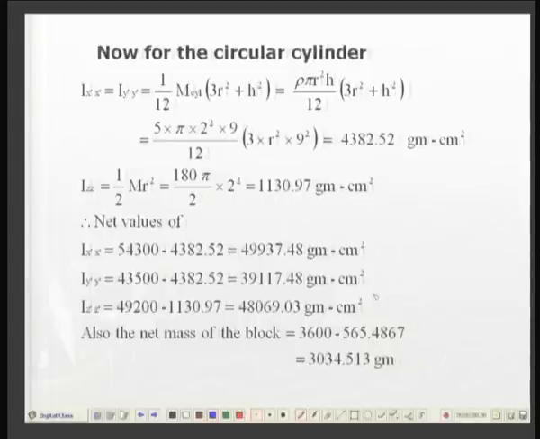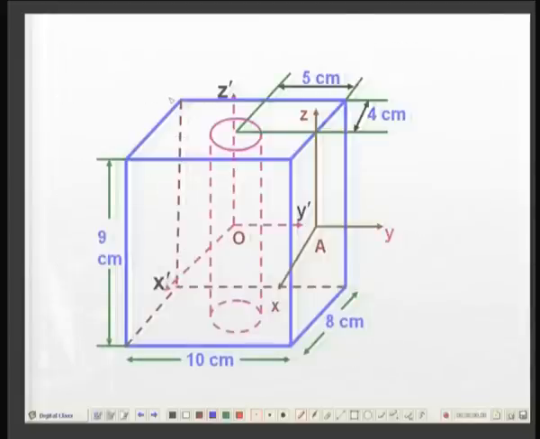So, for the circular cylinder, again from the handbook or from the tables, we will have the mass of this cylinder, that is, if the cavity had not been there, that cylinder. So, 1 by 12 of that into 3 r square plus h square. Now, since x axis and y axis are along the perpendicular diameters of the cylinder, it means I x dash x dash is equal to I y dash y dash for this cylindrical body.